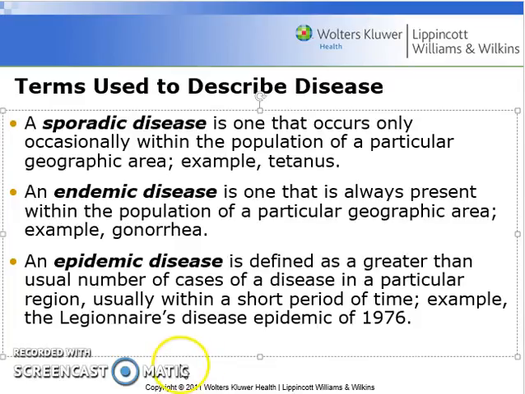One example is that of Legionnaire's disease, which was an epidemic of 1976. The Legionnaire's disease epidemic of 1976 came about because there was a convention of American Legions in Philadelphia.